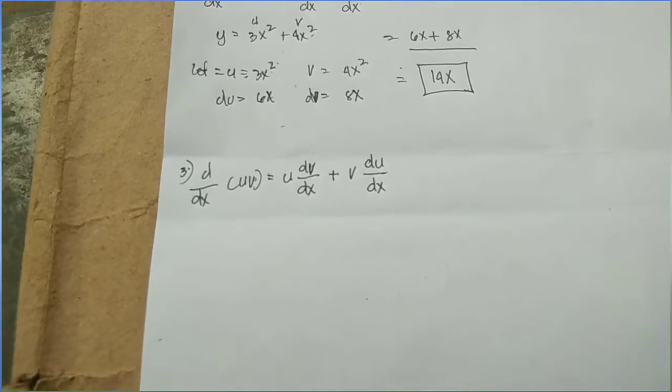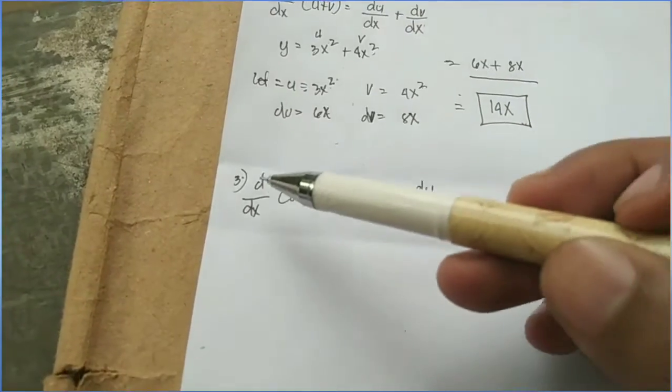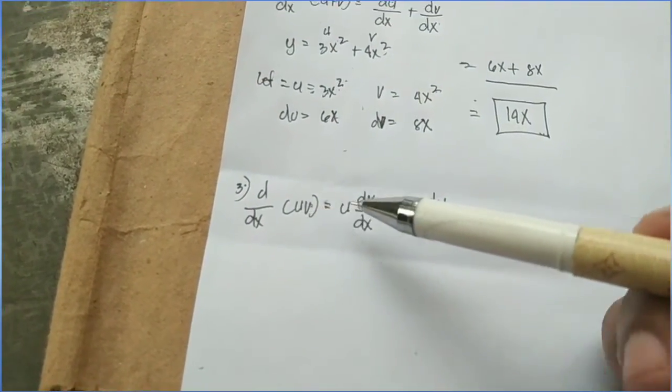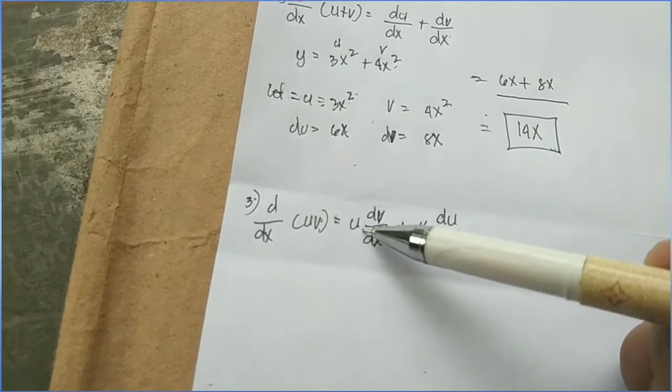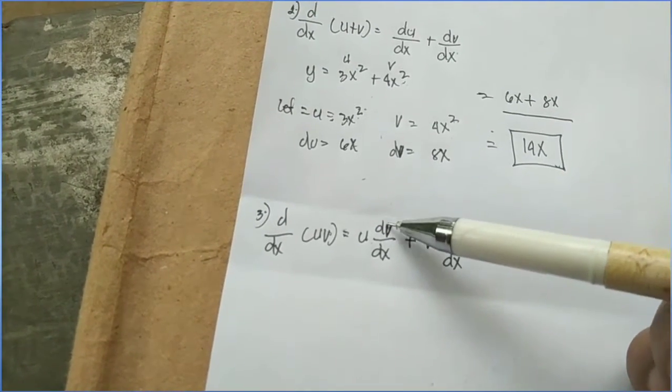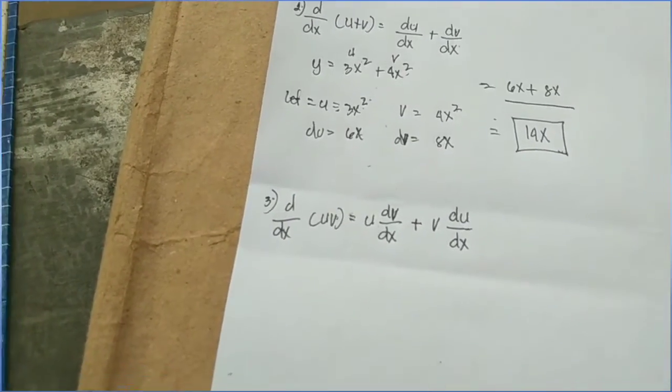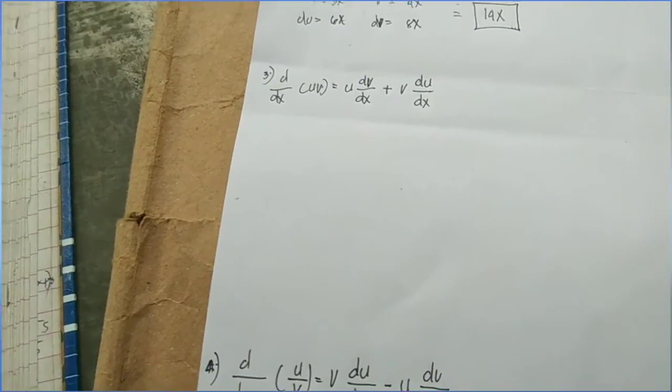For number 3, d over dx of uv is equals to u dv plus v du. It is the derivative of a product.